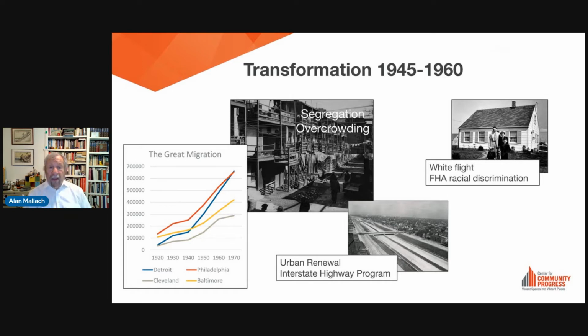At the same time, the federal government had created the Urban Renewal Program to, quote, revitalize the cities, as well as the Interstate Highway Program. And these two programs were cutting great swaths of the cities into pieces, including disproportionately Black and Latinx neighborhoods. So something had to give. Next slide.